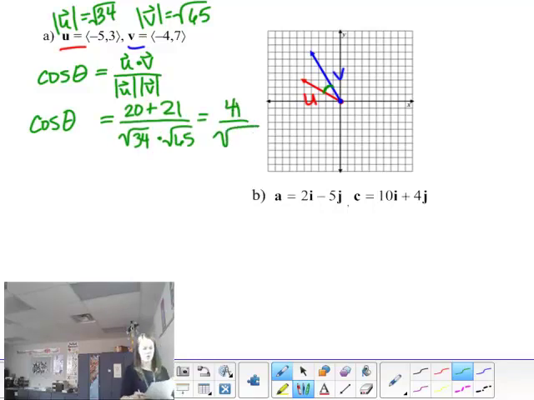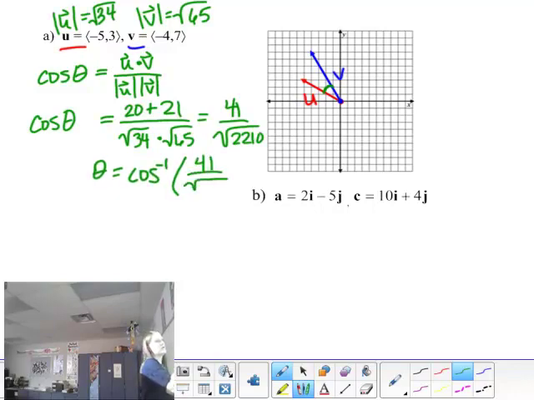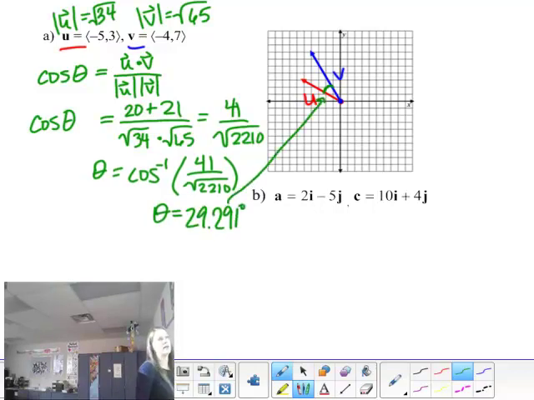Since those are both under square roots, I can multiply them together and get 2210. And now I'm ready to say that theta is the cosine inverse of that fraction, 41 over the square root of 2210. Type that into my calculator, and the angle between these two vectors is 29.291 degrees. Now visually, does that look like a 29-degree angle?